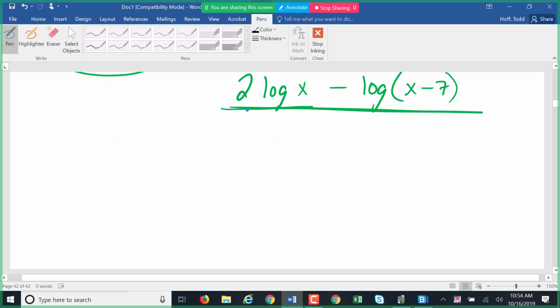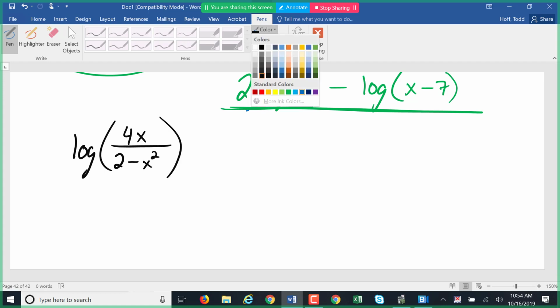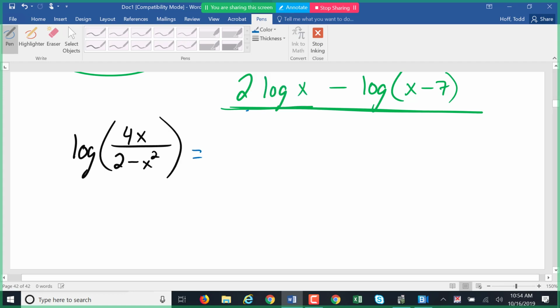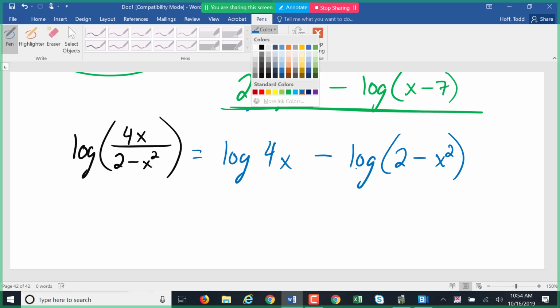Similar to that, log of 4x over 2 minus x squared. Well, again, we're starting off with the division, so we're going to split that up. So that's log of 4x minus log of 2 minus x squared. Log of 4x is log of 4 times x.